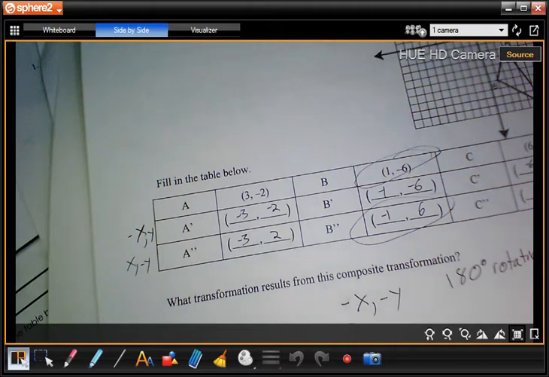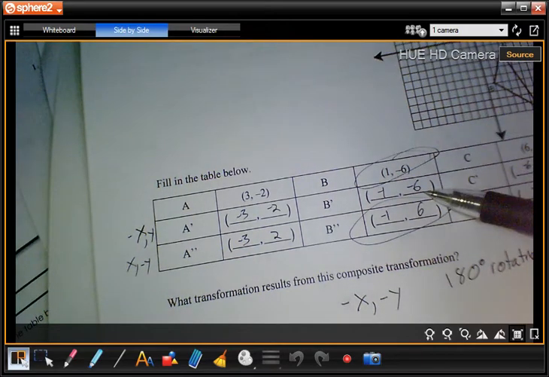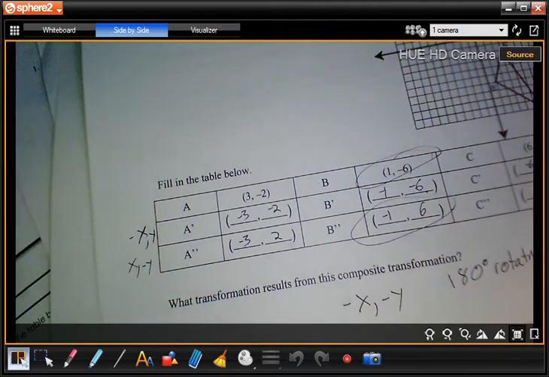For B, wouldn't that be just regular 6? Nope, because it doesn't change. See how y doesn't change? Y doesn't change for any of them. You're reflecting over x equals 0 first. Yeah, so that would be that. Wouldn't you be going up first, not the left? Yes. You end up with the same result. Okay.